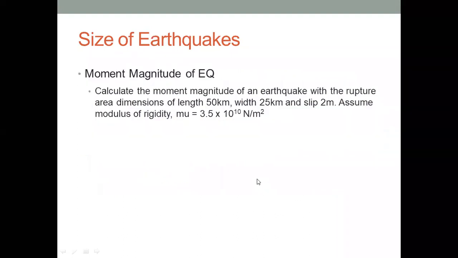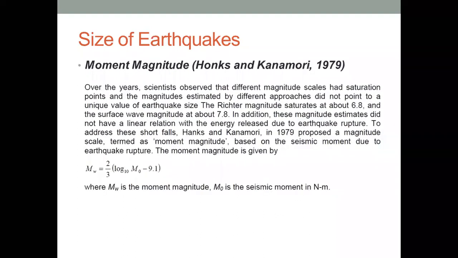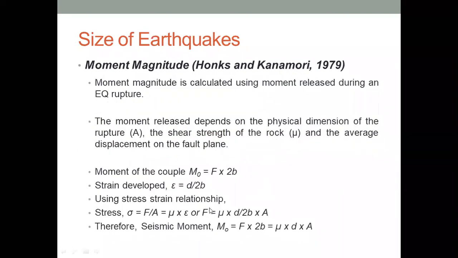This seismic moment is equal to M0 is equal to mu into D into A. Where mu is the shear strength of the rock, D is the slip measured, and A is the area, the rupture area, the physical dimension of the rupture area.